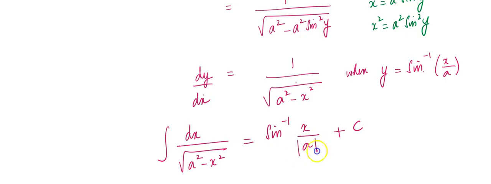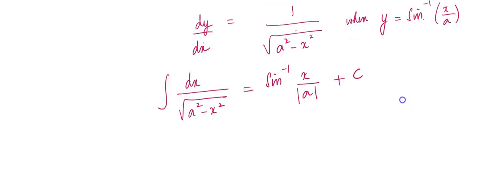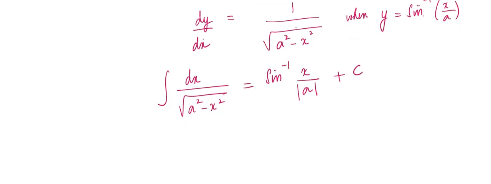But we throw in the absolute value around a to make sure that it remains defined when you go in the opposite direction. So when you went from y to dy over dx, it was okay because we were able to define the conditions for y.